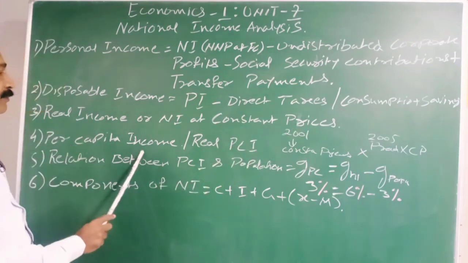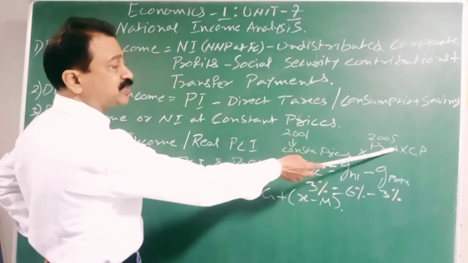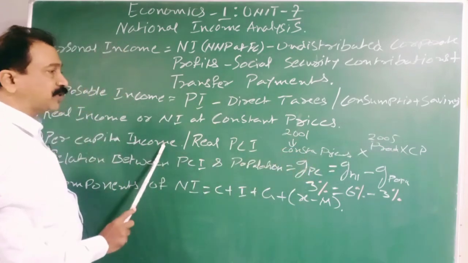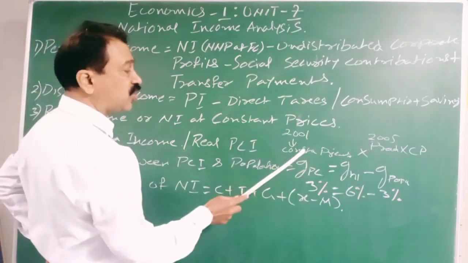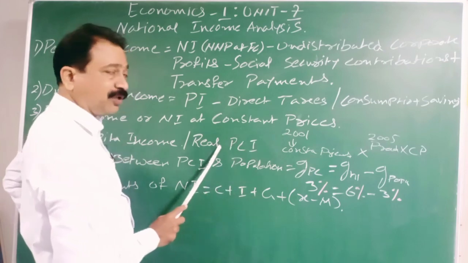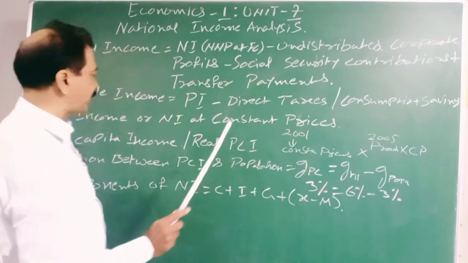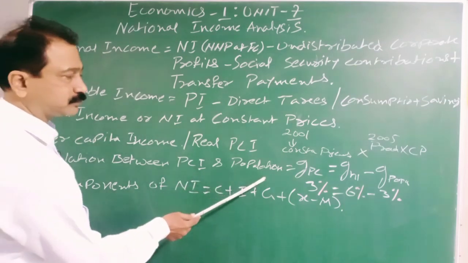Next, we will see the per capita income, real per capita income. Under current prices, if you divide with the population, you will get the per capita income. And if you take the product at constant prices and divide it with the present population, you will get real per capita income.